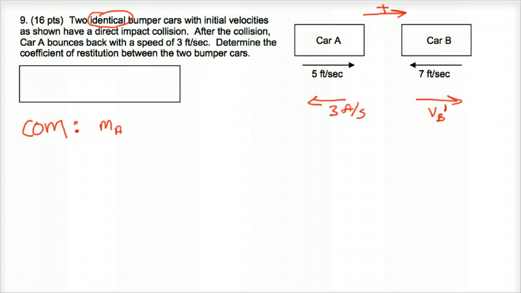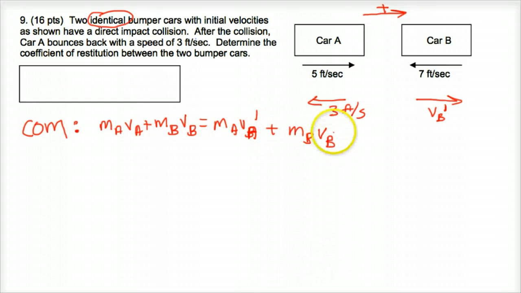So mass of A, velocity of A, mass of B, velocity of B, equals mass of A, velocity of A after the collision, plus the mass of B times the velocity of B after the collision. Okay, so we said they're identical, so mass appears in every one of them, so that drops out.